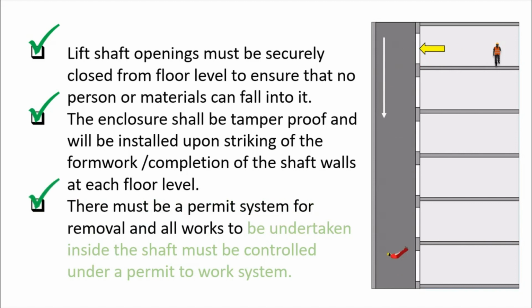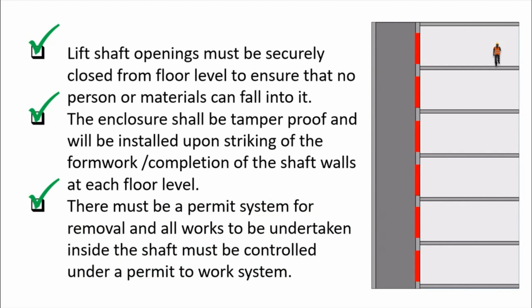There must be a permit system for removal, and all works to be undertaken inside the shaft must be controlled under a permit to work system. As you can see in the illustration on the right, a lift shaft opening is not fully covered, so people may fall down the lift shaft from the level.